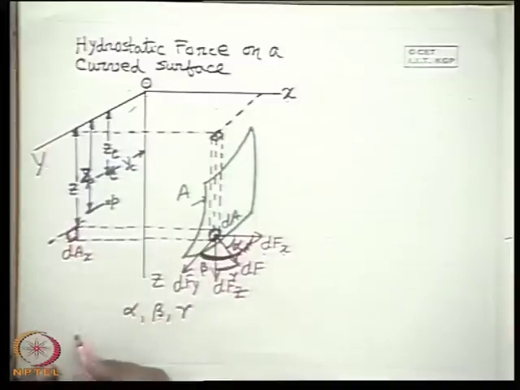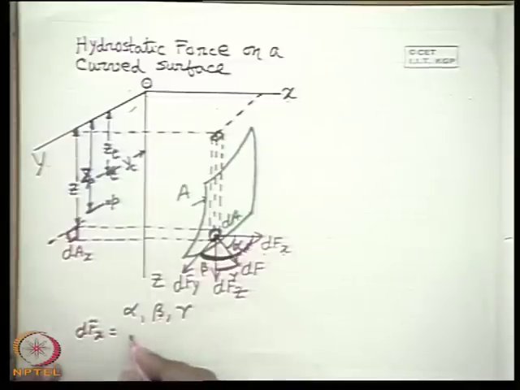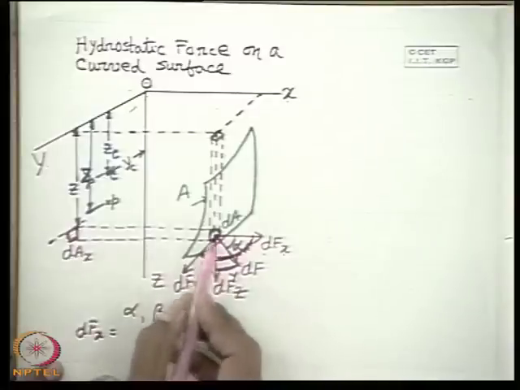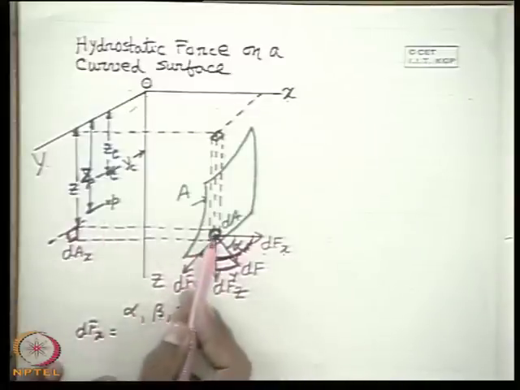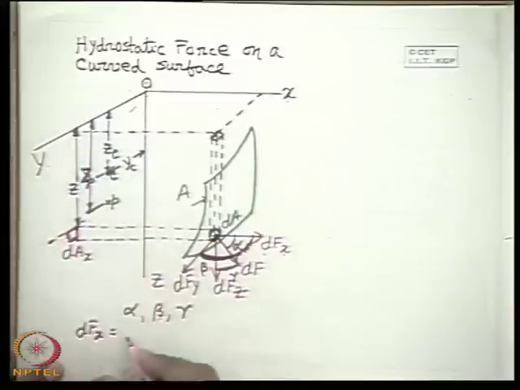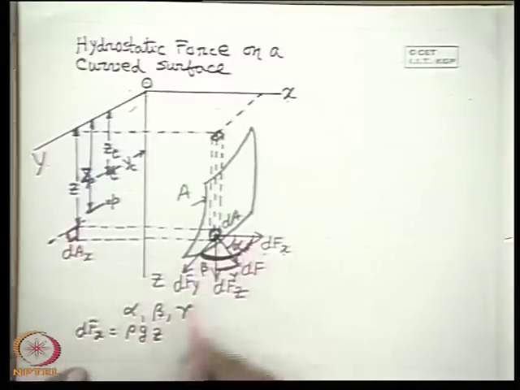Then we can say simply that dFx is equal to dF cos alpha. Now dF is dA times rho g z, if we consider that this area is at a vertical depth z from the free surface. So simply, dFx equals rho g z dA cos alpha. Very good.